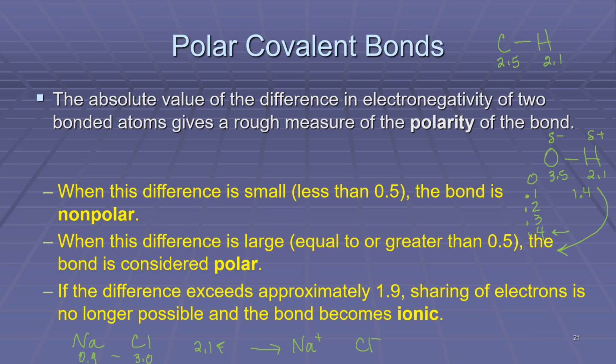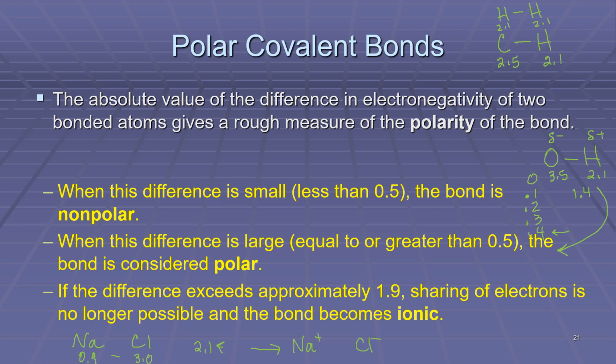So that's kind of our spectrum. We have something that shares, like the carbon-hydrogen or just a hydrogen-hydrogen bond. Of course, if they're identical to each other, the difference is 0. And so with a difference of 0, they're obviously sharing them exactly equally.